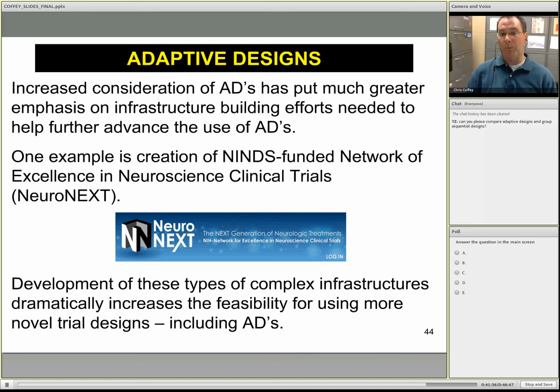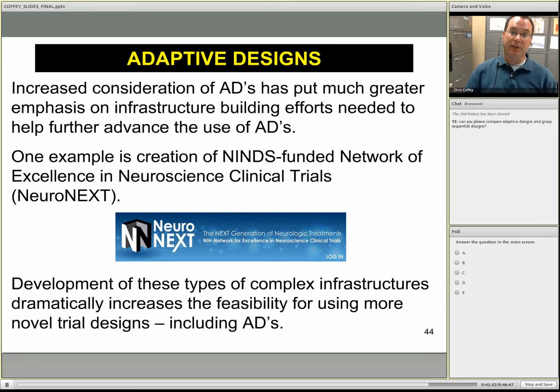There have been some recent steps towards doing that. One that I mentioned before that we're involved with here at Iowa is NeuroNext, or the Network of Excellence in Neuroscience Clinical Trials, funded by NINDS, which provides infrastructure to help conduct early phase trials in the neurosciences.